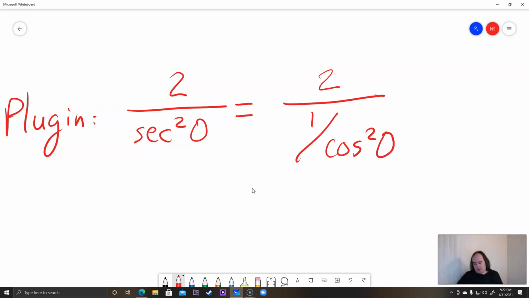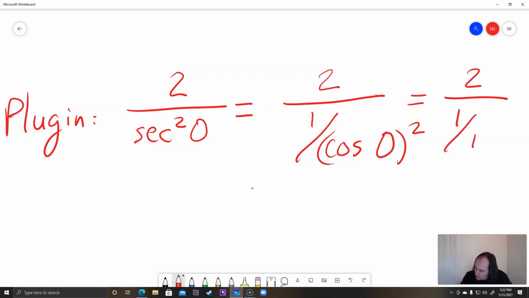Cosine squared of 0 is the same as cosine of 0 quantity squared. And what is cosine of 0? It's the x-coordinate when you're at 0 on the unit circle, which is 1. So this gives us 2 over 1 squared. But 1 squared is just 1, and 1 over 1 is 1. So we get 2 over 1, which is 2.